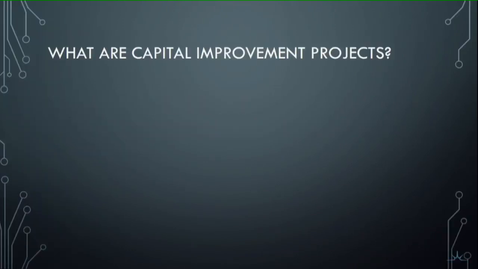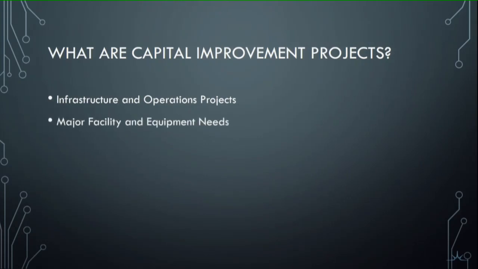Okay, so some of you may not even know what a capital improvement project is. Can you raise your hand if you don't know? Okay, so most of you know what one is. Really, it's an infrastructure and operations project, typically for major facility and equipment needs. Think larger scale, not small scale. Think more like stormwater culverts, major roads, other transportation and public utilities needs, water mains, things like that.